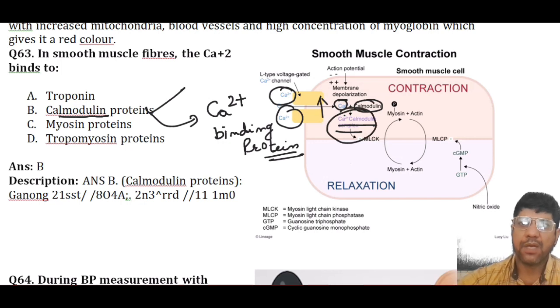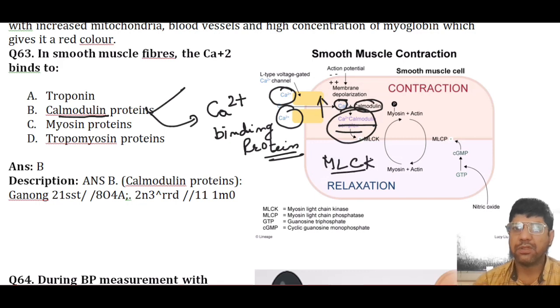The calcium calmodulin complex activates an enzyme known as myosin light chain kinase. This myosin light chain kinase is responsible for phosphorylation, that is, it adds a phosphate group to the myosin cross bridges within the smooth muscles.